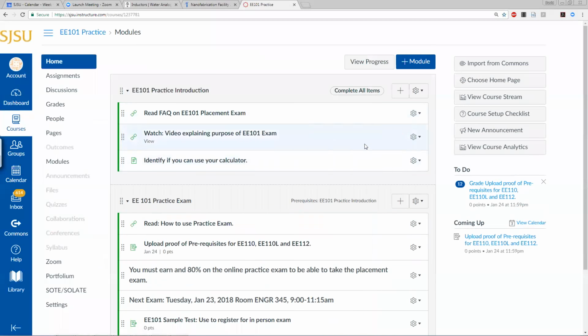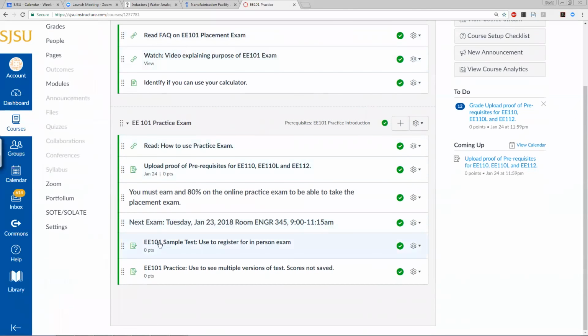I had to delete assignments. And so we have the 101 exam sample test. Use this to register for the in-person exam. Now, for this particular exam on the 23rd, you all did that.